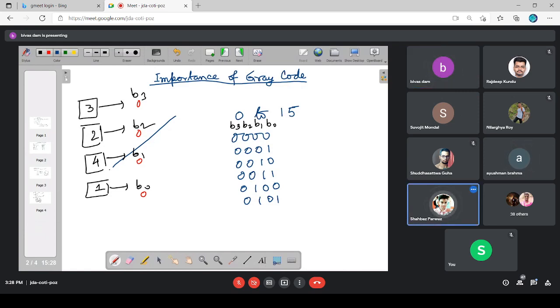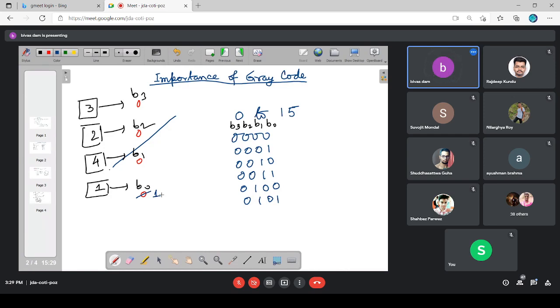B0 will be changed to 1. What about the others? Others will remain the same. So that means absolutely there is no problem. Let the temperature go to the unit level 1, and let the node B0 take its time to respond, and I'll be getting 0001 output.